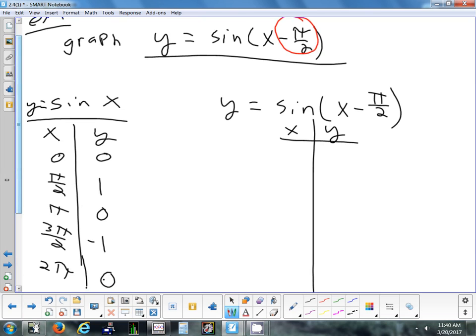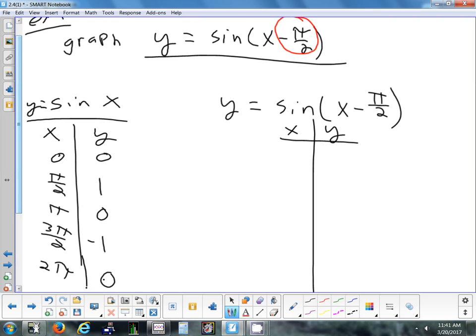First thing I have to do is look at this problem and identify what kind of transformation it is. Eventually, your 4 choices are going to be phase shift, vertical shift, period change, or amplitude change. What tells me that this is a phase shift? What's the key when you look at an equation that tells you?